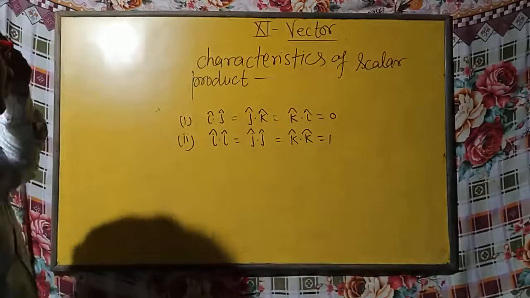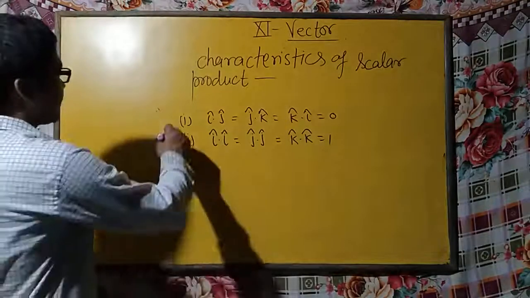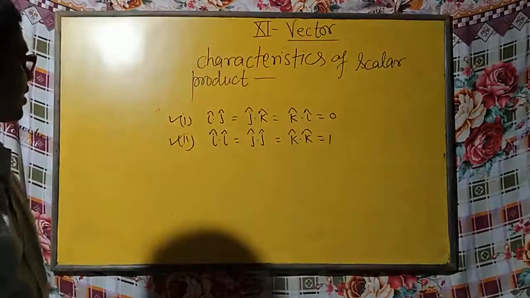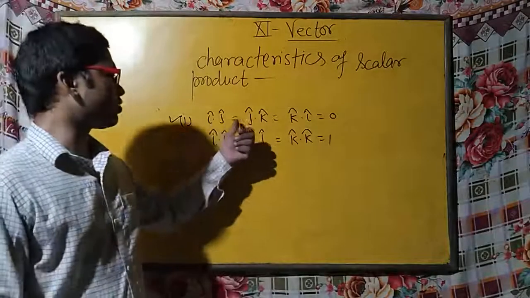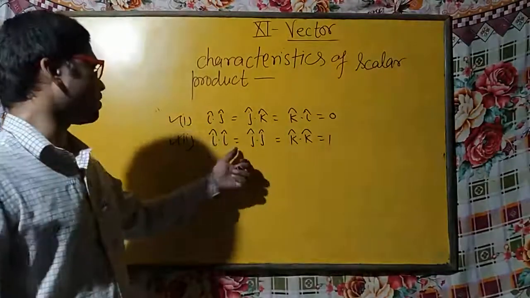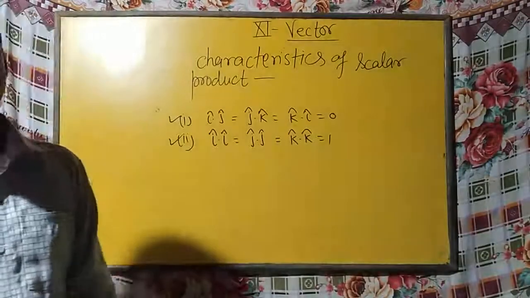So after studying the scalar product of two vectors, we got two very interesting results for unit vectors: i dot j is equal to j dot k is equal to k dot i is 0, and i dot i is equal to j dot j is equal to k dot k is 1. These are very interesting results.